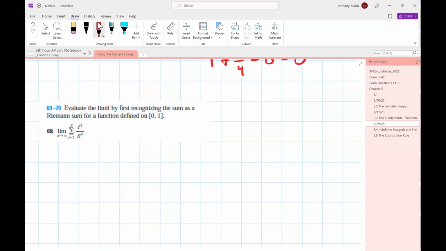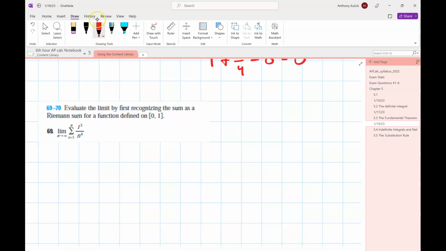All right. So what it's basically trying to tell us to do is to rewrite this so that we can write it as an integral and do the integration rather than the work we had to do in section 5-2. So the key thing I'm going to notice is that I have i cubed, but I have n to the 4th.